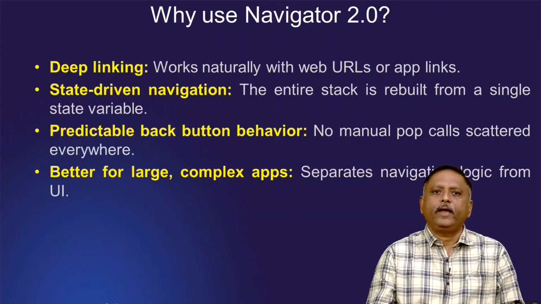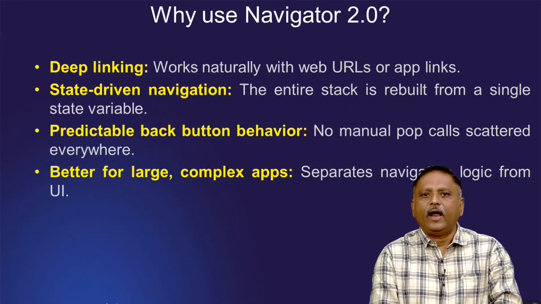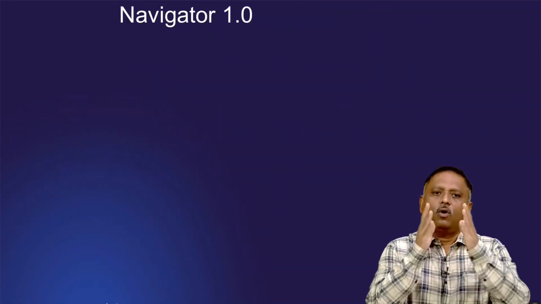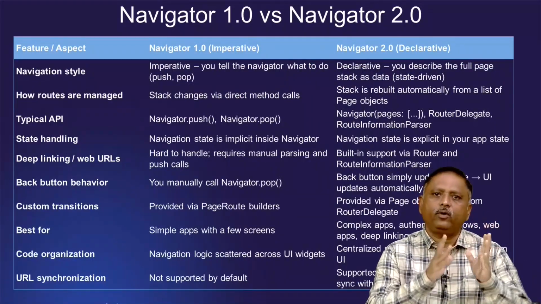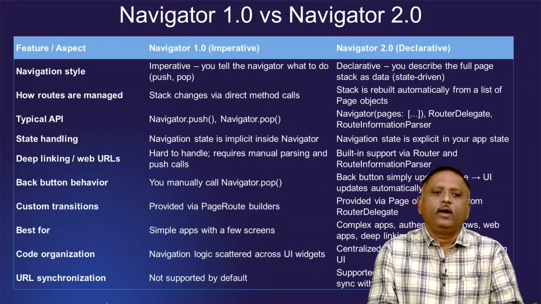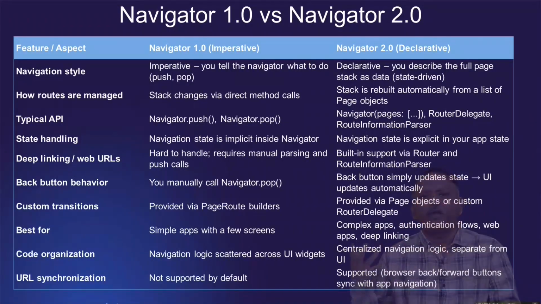Now let us compare Navigator 1.0 and Navigator 2.0. On screen you can see the difference between Navigator 1.0 and Navigator 2.0, like navigation style, how routes are managed, typical API, state handling, how deep linking or web URL is supported, how back button behavior is handled, custom transitions, whether it is best for simple apps or complex apps, then code organization, and regarding URL synchronization.